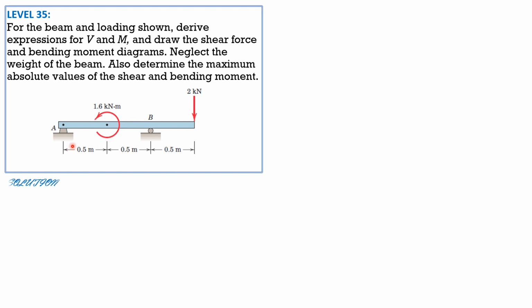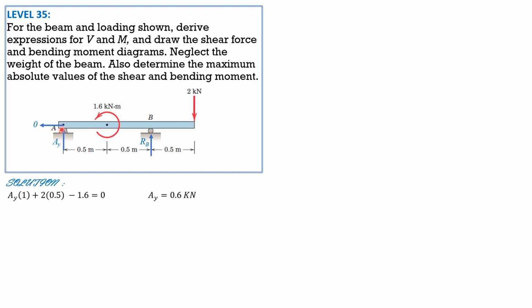Let's have the reactions AY and AX is 0, then RB. Summation moment B equals 0. AY times 1 plus 2 times 0.5 minus 1.6 equals 0. So AY is equal to 0.6 kilonewton.